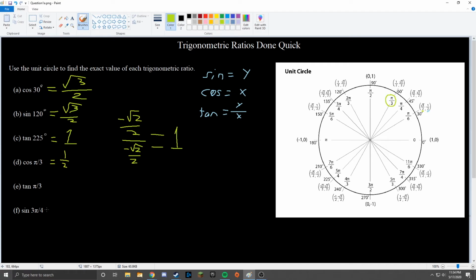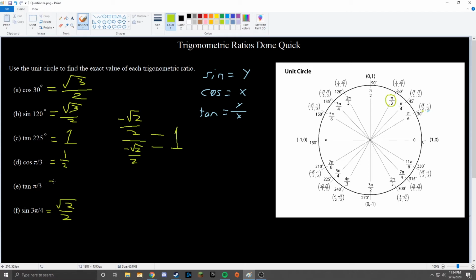And let's just do sine before we go into tangent. So we have the 3 pi over 4, right here. So that is going to be the square root of 2 over 2. So nothing that hard there.